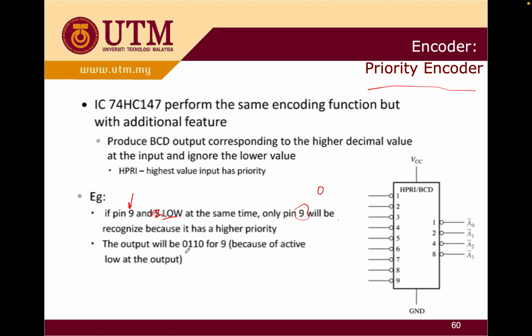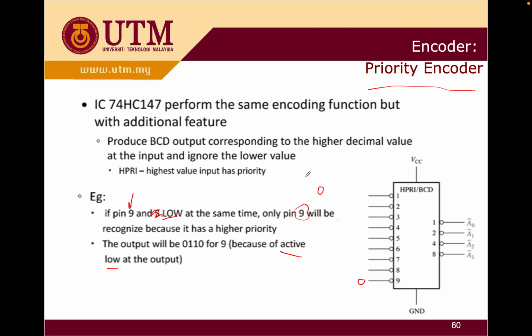The output will be 9. 9 will be 0, 1, 1, 0 because of active low at the output. 9 will be this one. Active low at this, it's going to be slightly different.